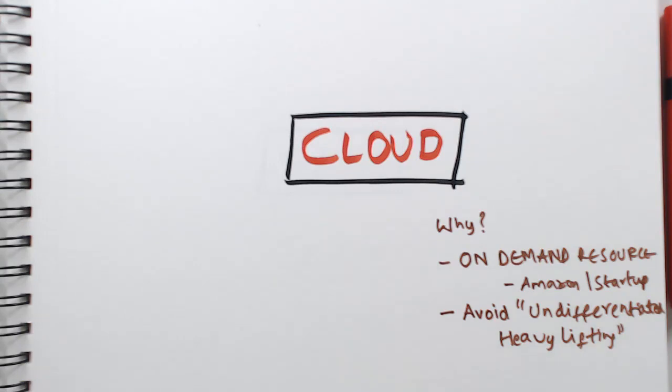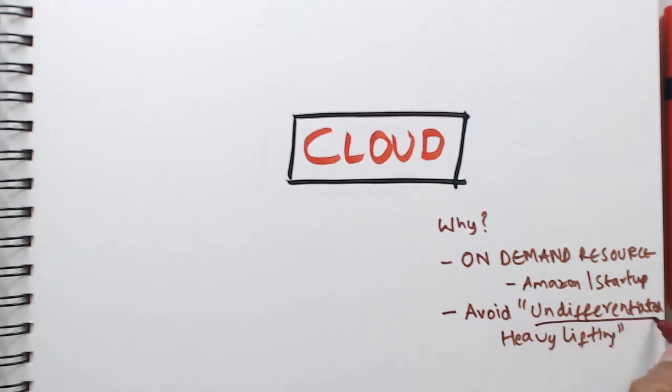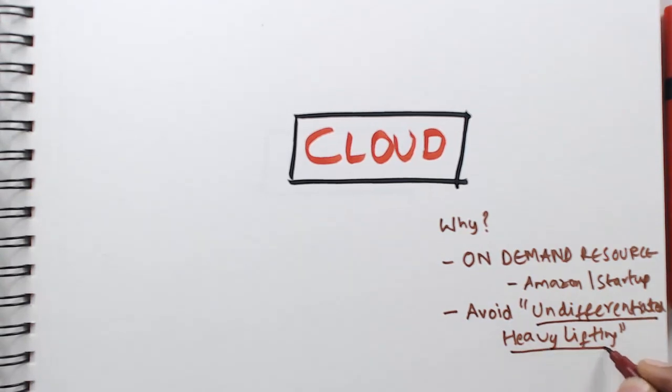How to do containerization, how to do service registry, all that stuff is actually part of something called undifferentiated heavy lifting. It's a lot of hard work that you do without a huge amount of differentiation from your competitors. And businesses should avoid undifferentiated heavy lifting.